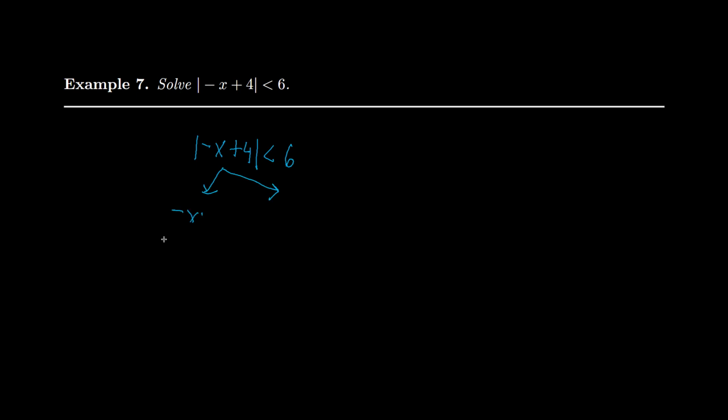Either -x plus 4 is in fact less than 6, or we have that the negative of -x plus 4 is less than 6. All right? The reason that I taught this to you different than you've been taught it before is because when there's inequalities, it matters. Because when we multiply both sides by the -1 or divide both sides by the -1, remember, you have to change the sign. So it's going to be greater than -6, because we multiplied both sides by this negative to get rid of it.